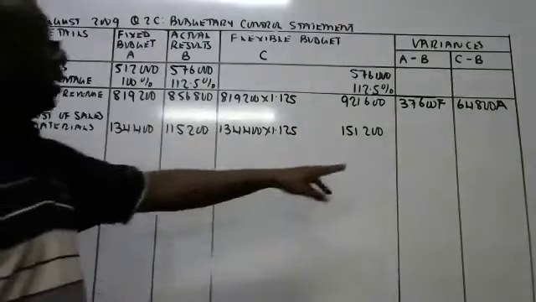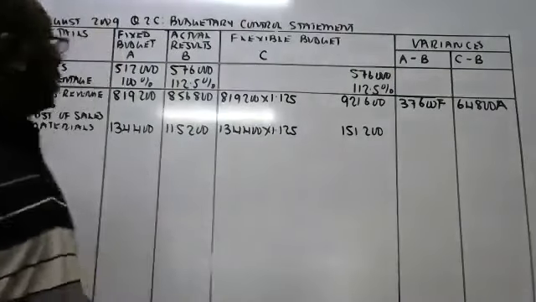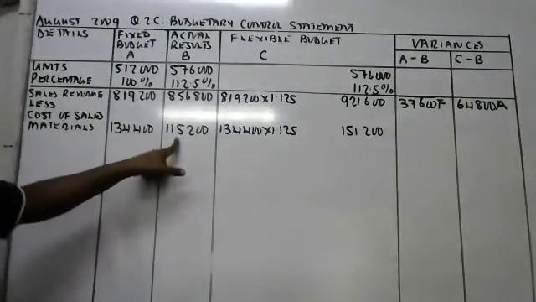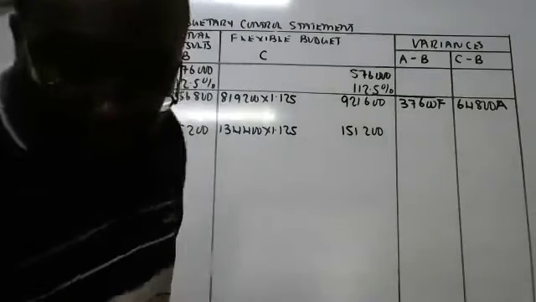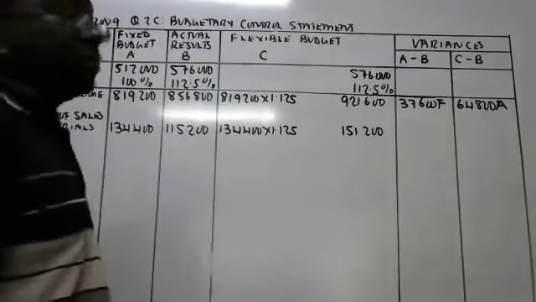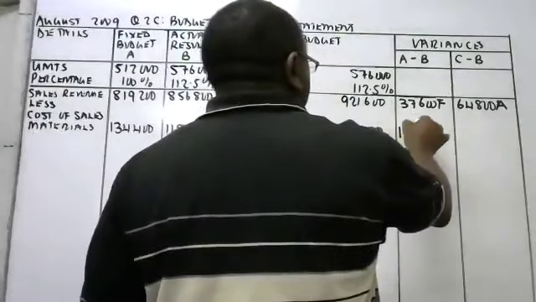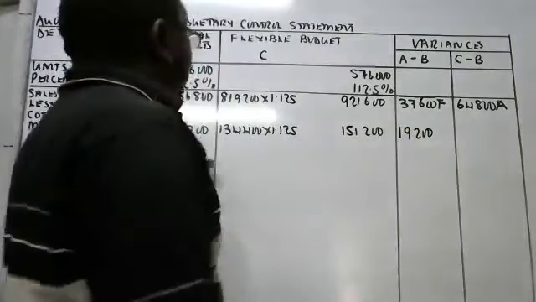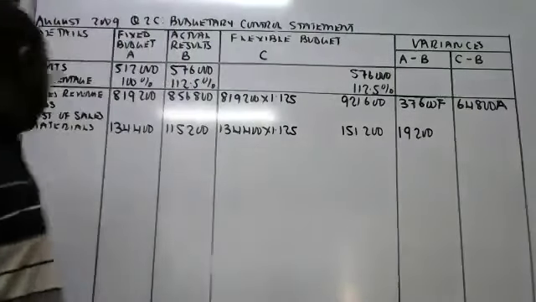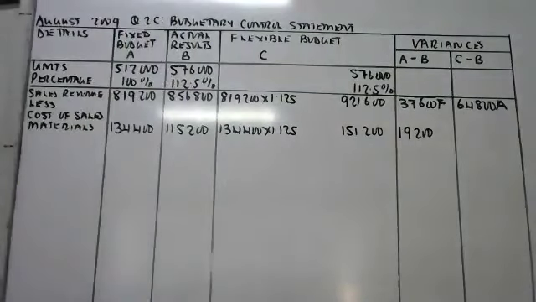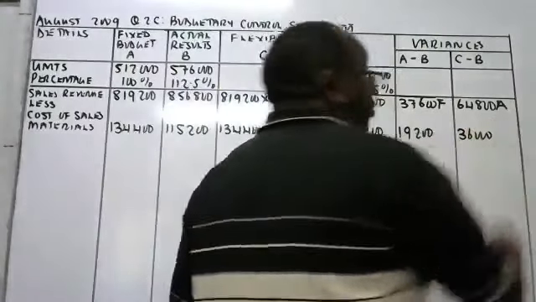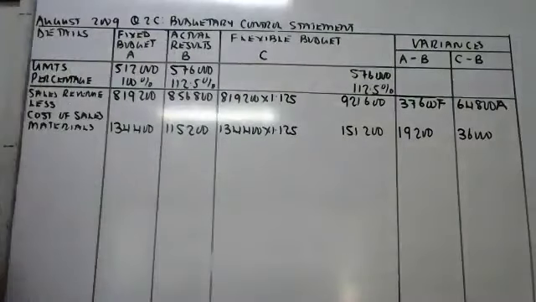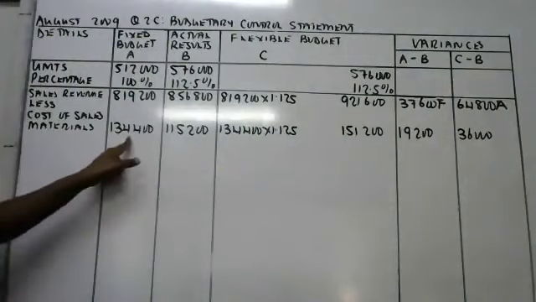Now, give me these variances. 134 minus this one is 19,200. This other one, 115 minus this 151, is 36,000. So let's label them whether they are favorable or adverse. Here, first, you simply check. The budget was 134.